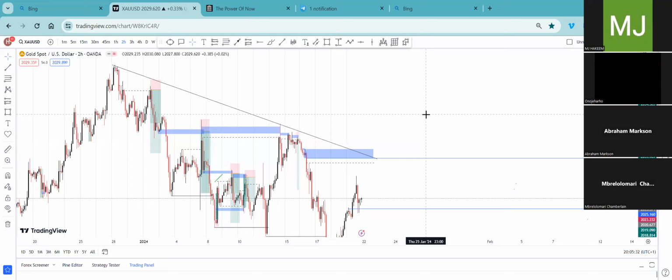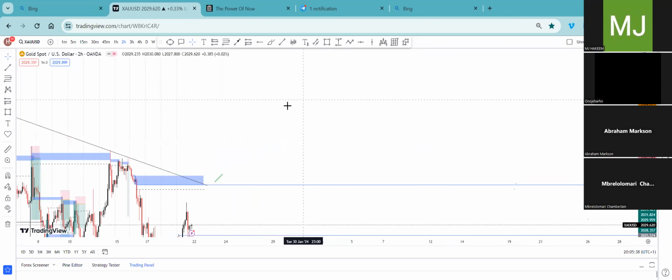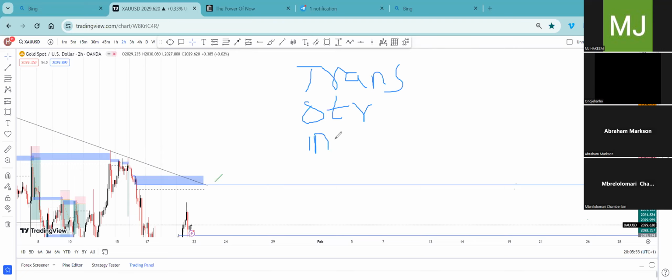If you have been attending our class for so long, number one, we have what we call the transactional liquidity. Number two, we have what we call the structural liquidity. And number three, we have what we call the inducement liquidity. So all these are the types of liquidity.